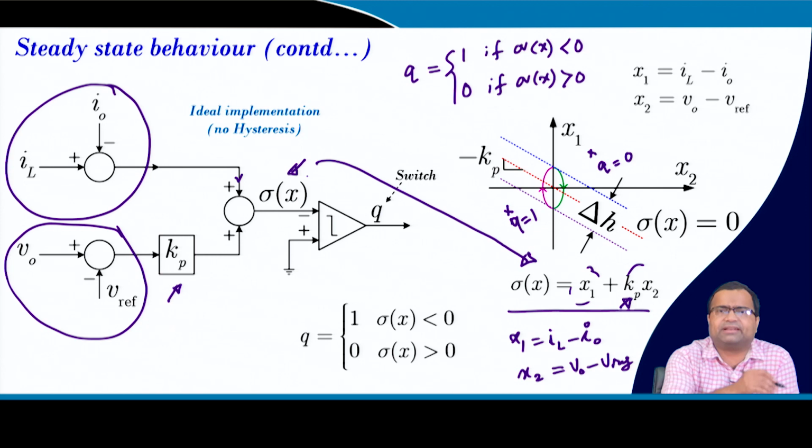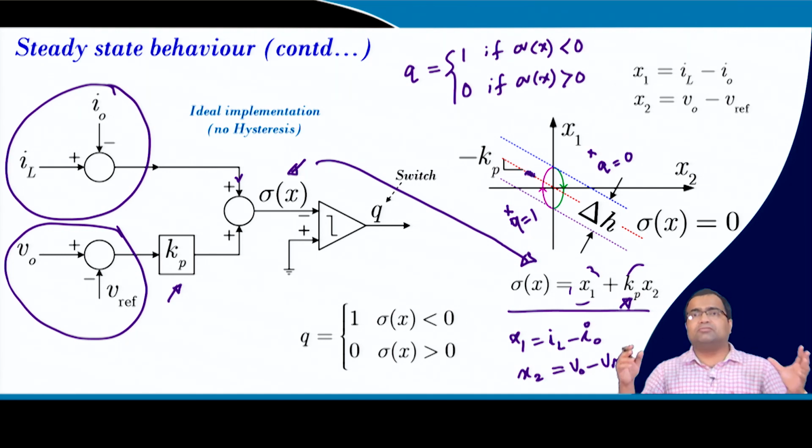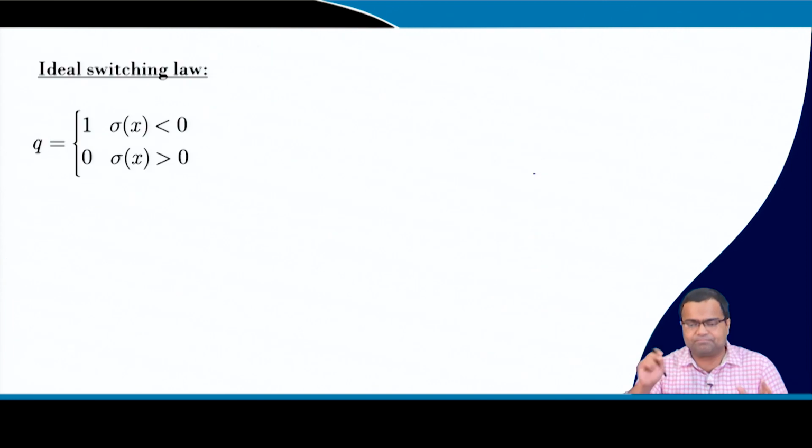This we can implement using MATLAB, but you will find real difficulty because you have not inserted any hysteresis band, and if you want to simulate, you are forcing your computer to operate or compute at the hard limit, because the computer has a finite step solver time. That means the time has a minimum resolution, so it will try to hit the limit, continuously turning on and off within this limit, and that will slow down your whole simulation.